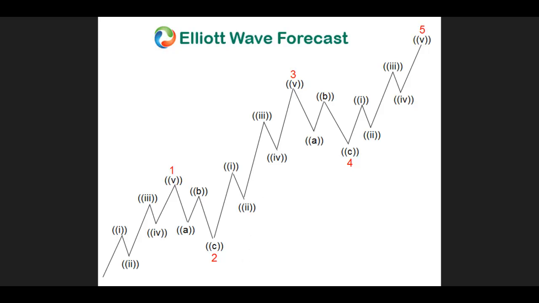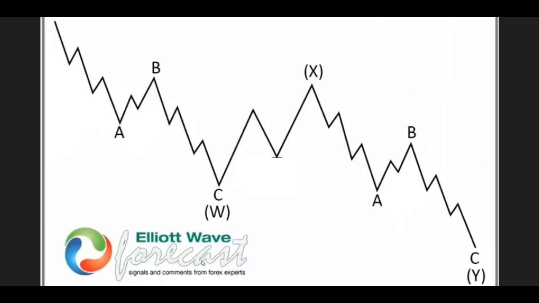And then we have right here a WXY in which you have 5, 3, continuation 5, and then another 2 sets of 5 waves. So every time that you see 5 waves in the Elliott Wave theory, that means overall continuation 80-90% of the time, unless it's a flat, continuation in the direction of the 5 waves.